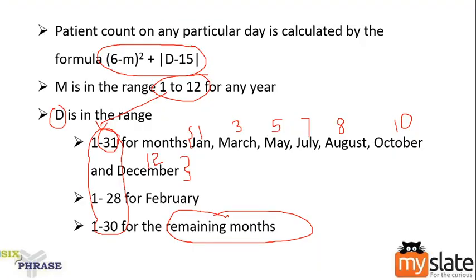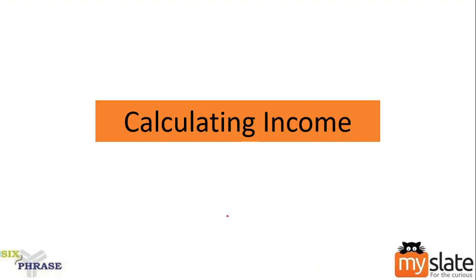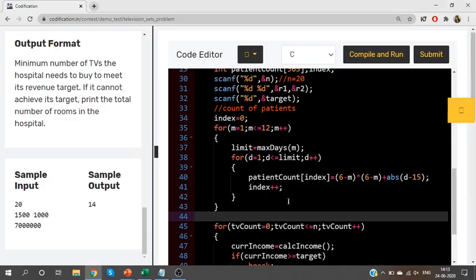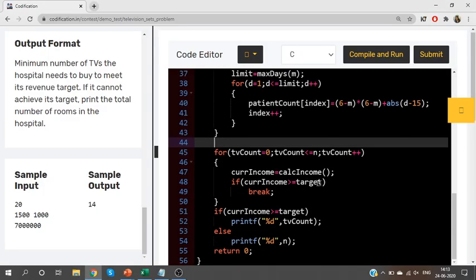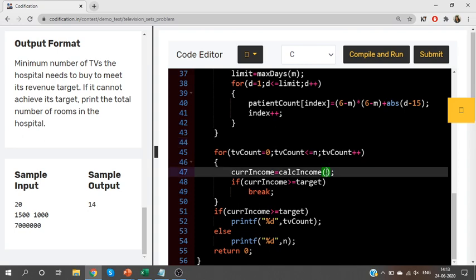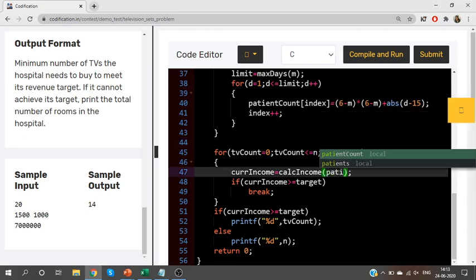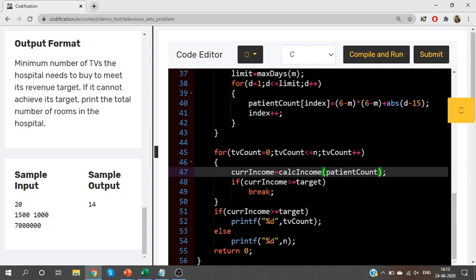Coming back to the algorithm part, after finding the count of patients, we need to focus on calculating the income. How can I calculate the income? What are the variables that determine the income? I need to know how many patients I have, so I'm giving the patient count array.